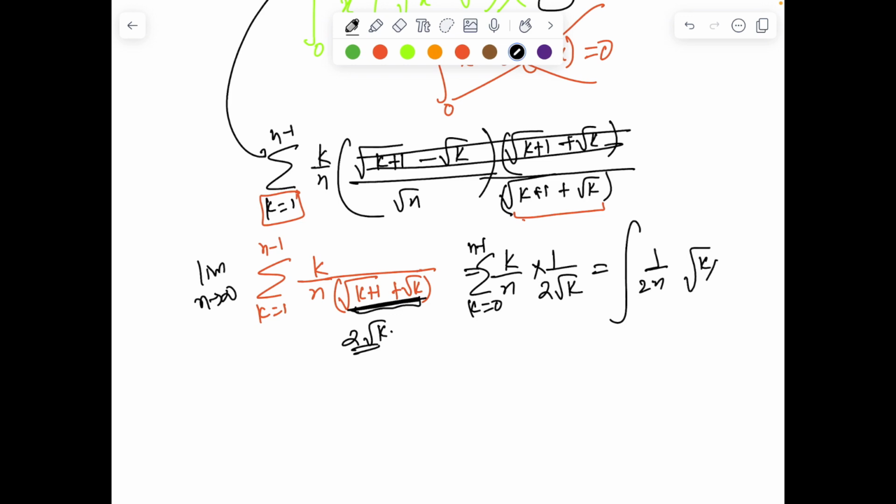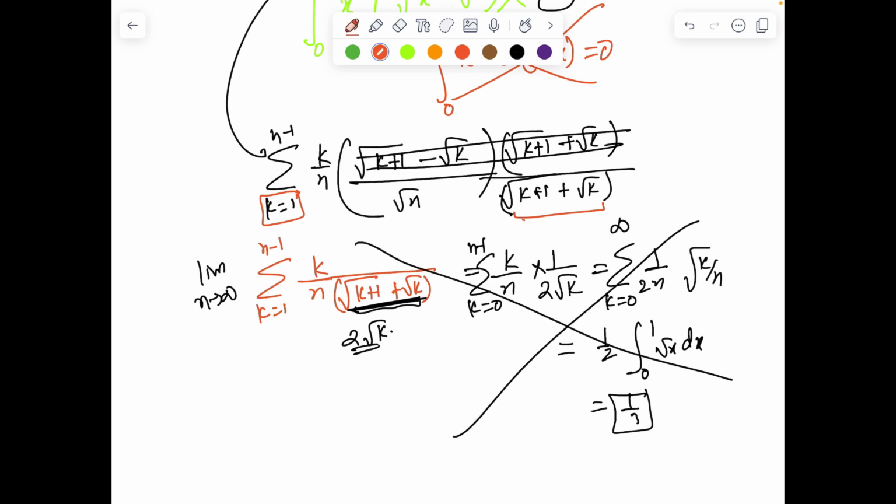So now finally we have 1 by n times 2 root over k by n, and this summation goes from 0 to infinity, which reduces this to half integral 0 to 1 root x dx, and that gives you still 1 by 3 as the answer, right? But this is a wrong way of solving this question. It's conceptually wrong.